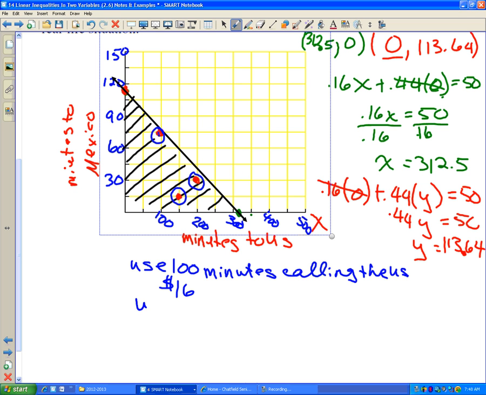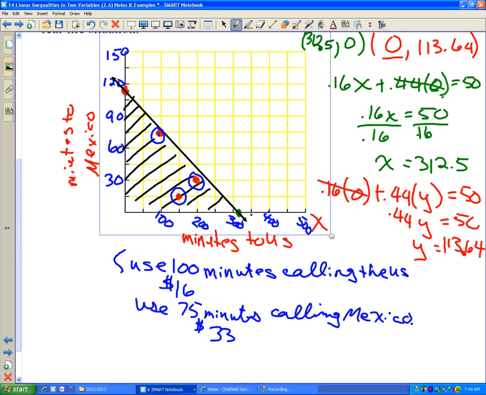And then this point right here was 75 minutes calling Mexico. So how much is that? Let's see. If I do 75 times 0.44, that's going to be $33. If I add those up, that adds up to $49, less than my $50.